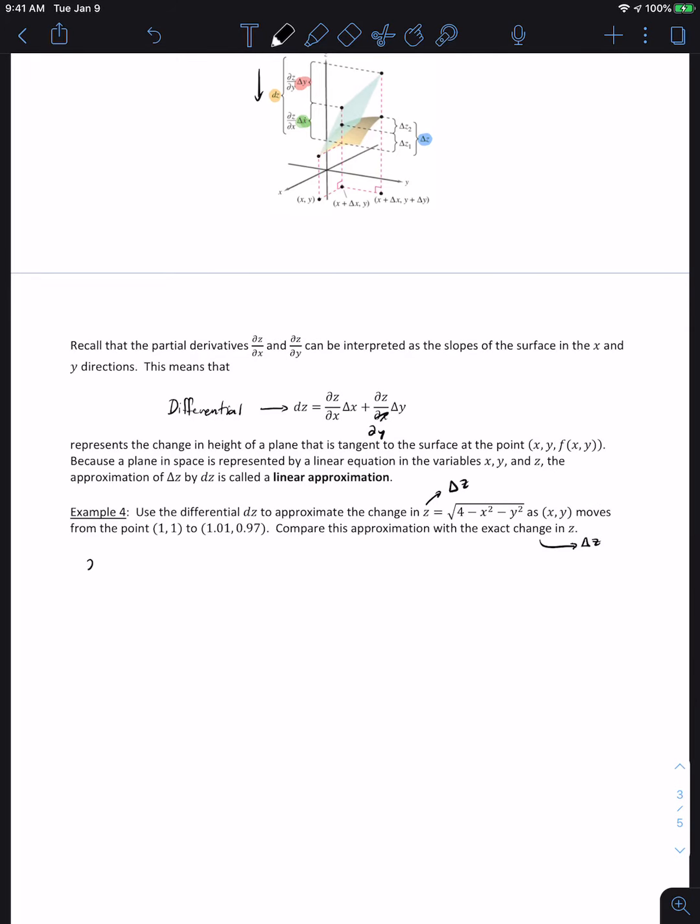So the partial derivative of z with respect to x is going to be, well, this is z, z is this guy right here. So we would need to do the chain rule.